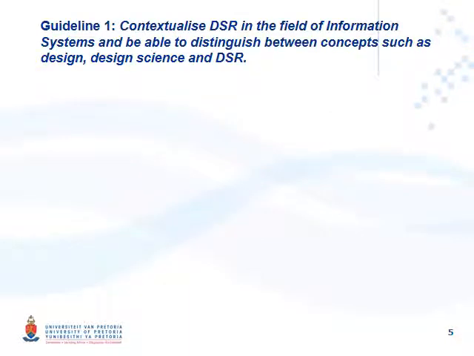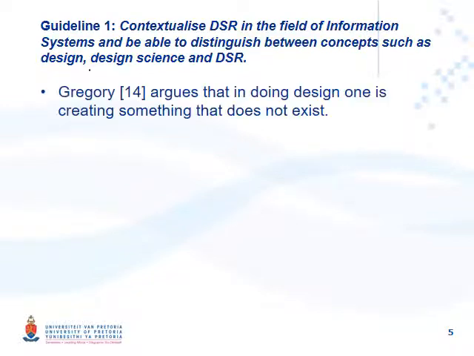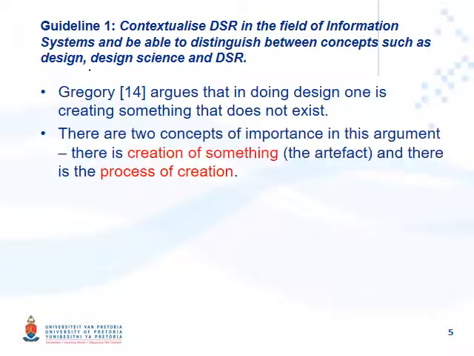So now I'm going to look at the different guidelines, each of them individually. The first guideline is to contextualize design science research in the field of information systems and be able to distinguish between concepts such as design, design science, and design science research. Here, Gregory argues that in doing design, one is creating something that does not exist. And there are 2 important things that happen during a design science research project.